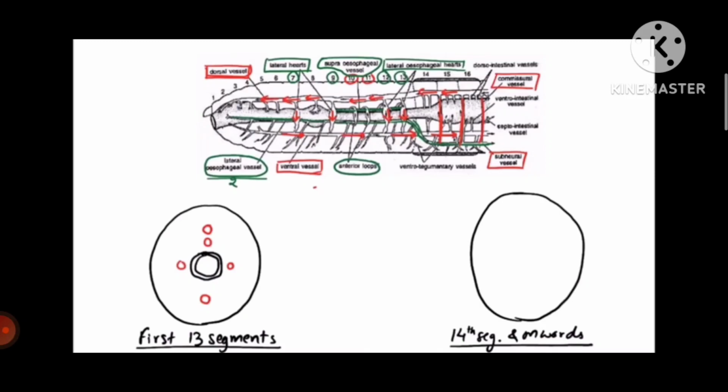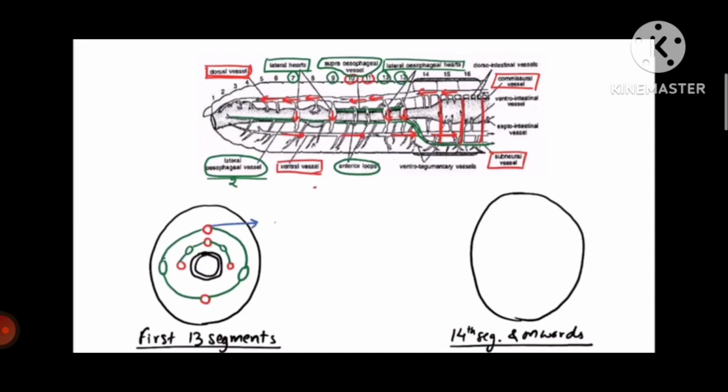And the connections between them are: dorsal blood vessel and ventral blood vessel are connected with each other by hearts, while the supraesophageal vessel and the lateral esophageal vessel are connected by anterior loops.